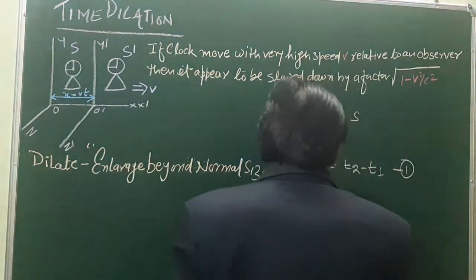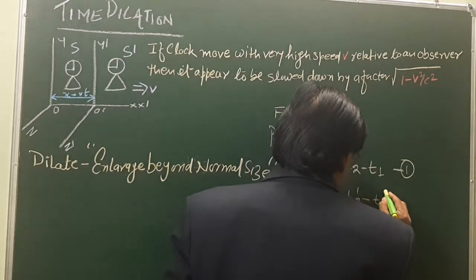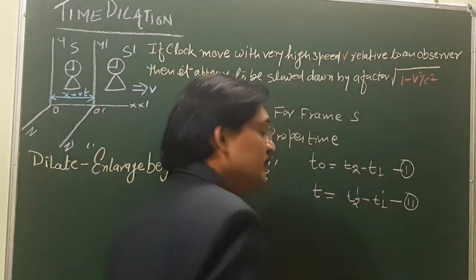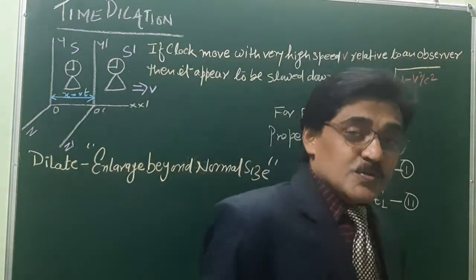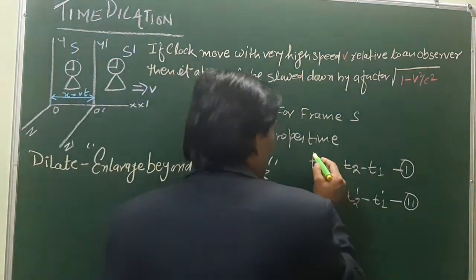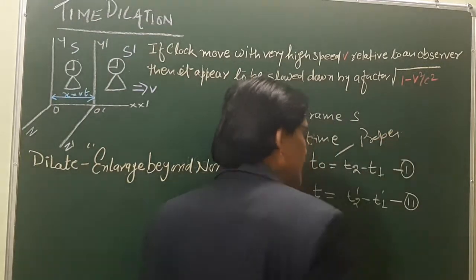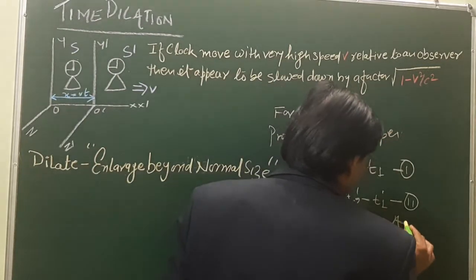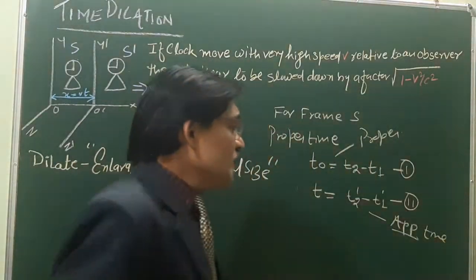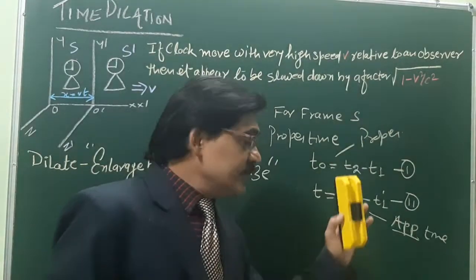Apparent time t is equal to t2 dash minus t1 dash. This one is the second equation. So the difference is clear: this one is called the proper time, and this one is the apparent time.